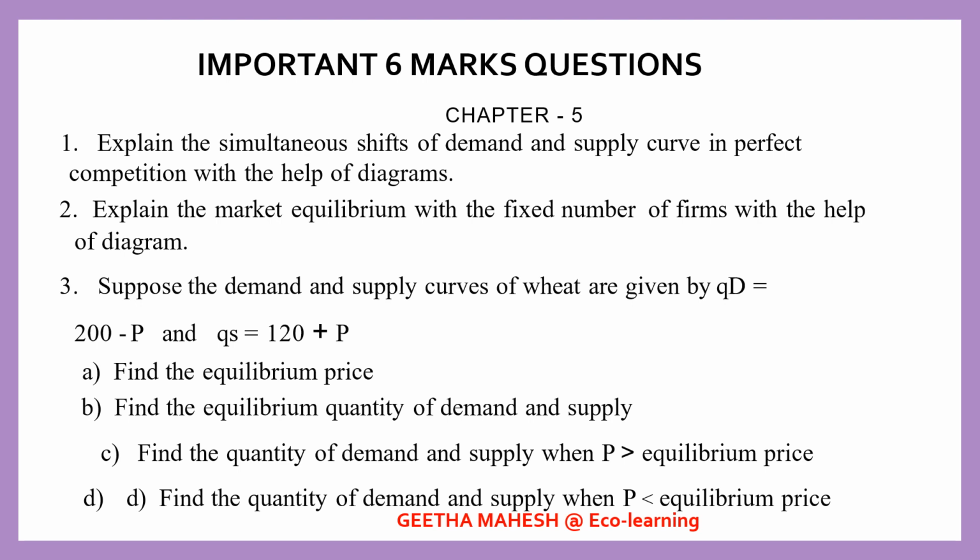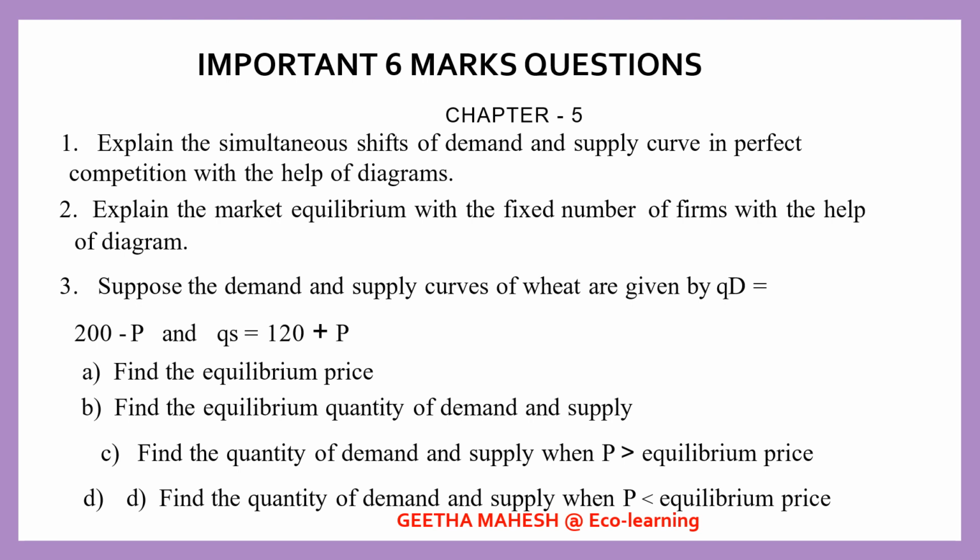From microeconomics 5th chapter, that is market equilibrium, you can expect one 6-mark question. There are 3 important questions. First one is simultaneous shift in demand and supply curve in perfect competition with the help of a diagram.